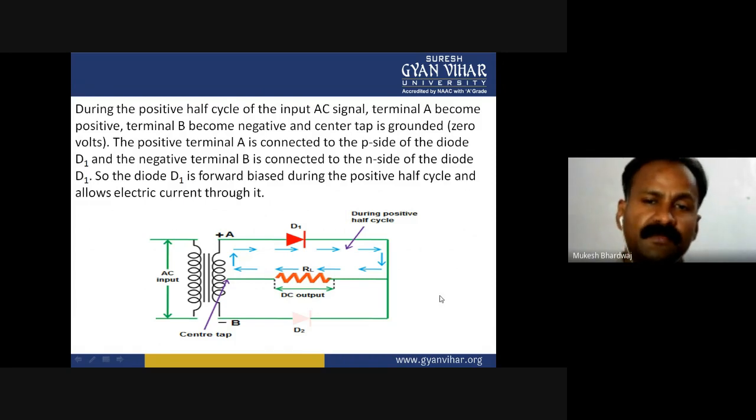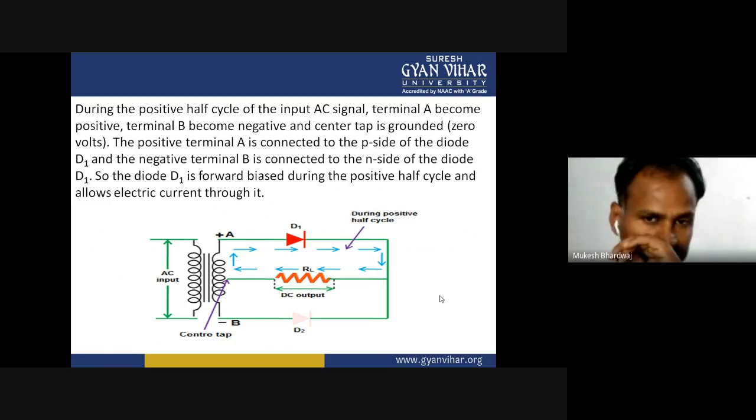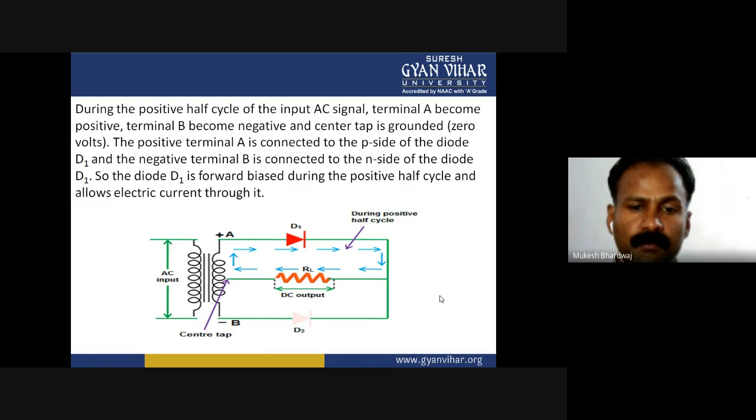During the positive half cycle of the input AC signal, terminal A becomes positive, terminal B becomes negative, and the center tap is ground, 0 volt.